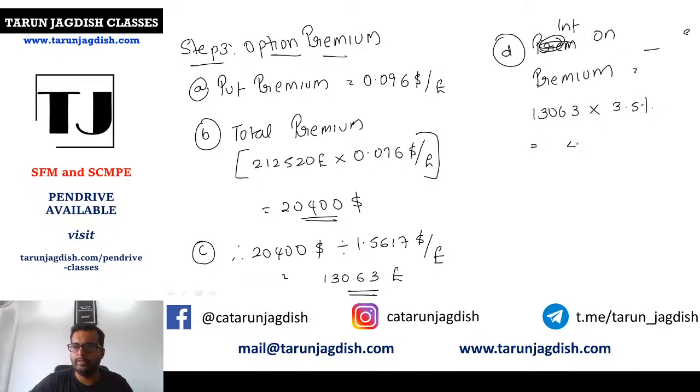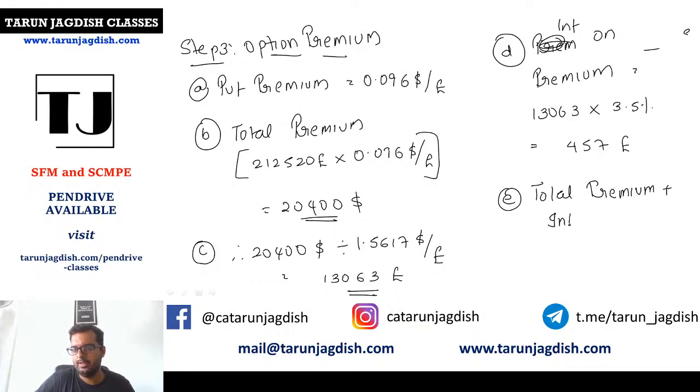That will be 457 sterling. So total premium plus interest will be 13,063 plus 457, that is equal to 13,520 sterling. Can you write down till here in your books now?